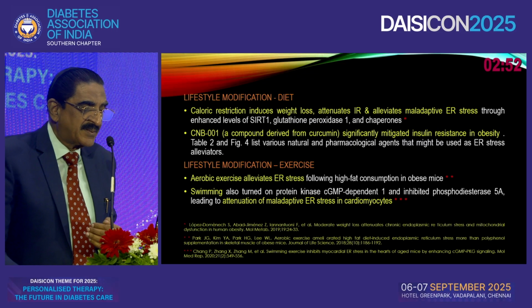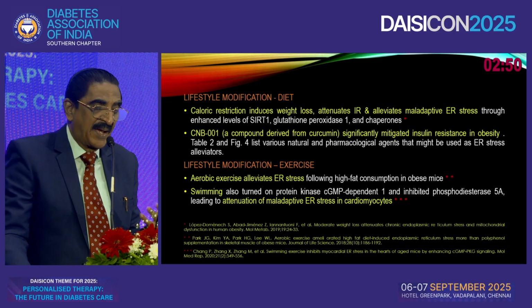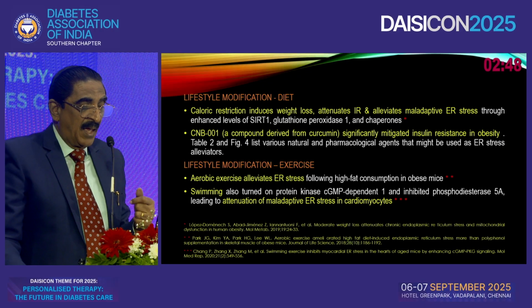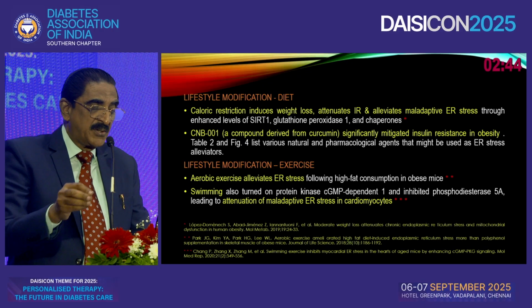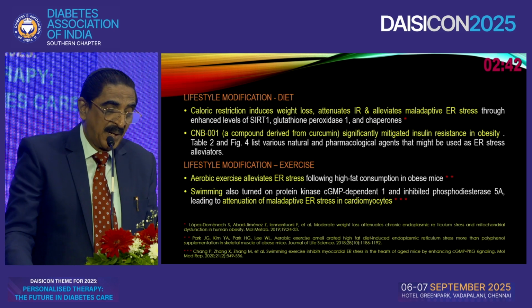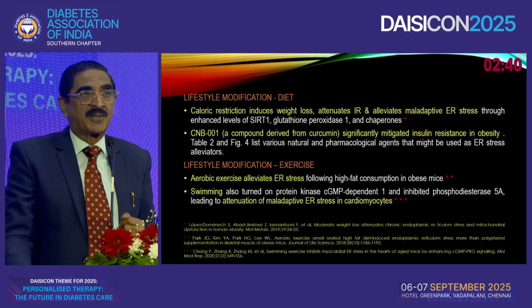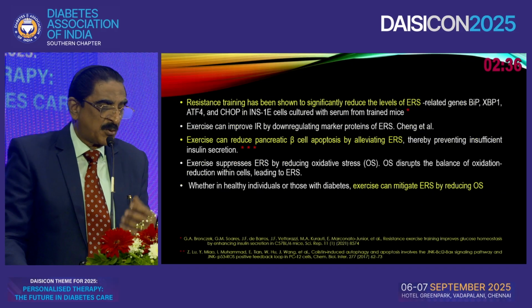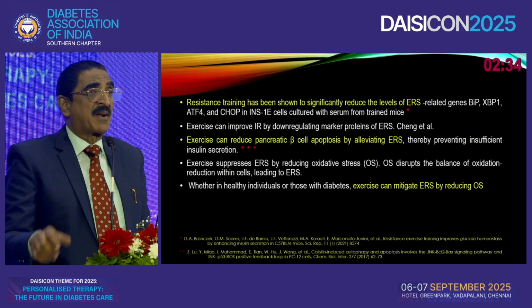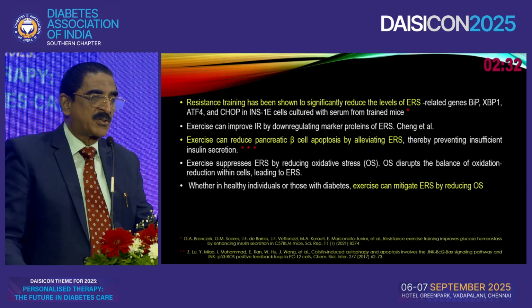And coming to exercise, aerobic exercise alleviates ER stress. And also swimming attenuates maladaptive ER stress in cardiomyocytes. So maybe in any form of isometric exercise, this is going to be useful. Resistance training, we were talking about isotonic exercise.